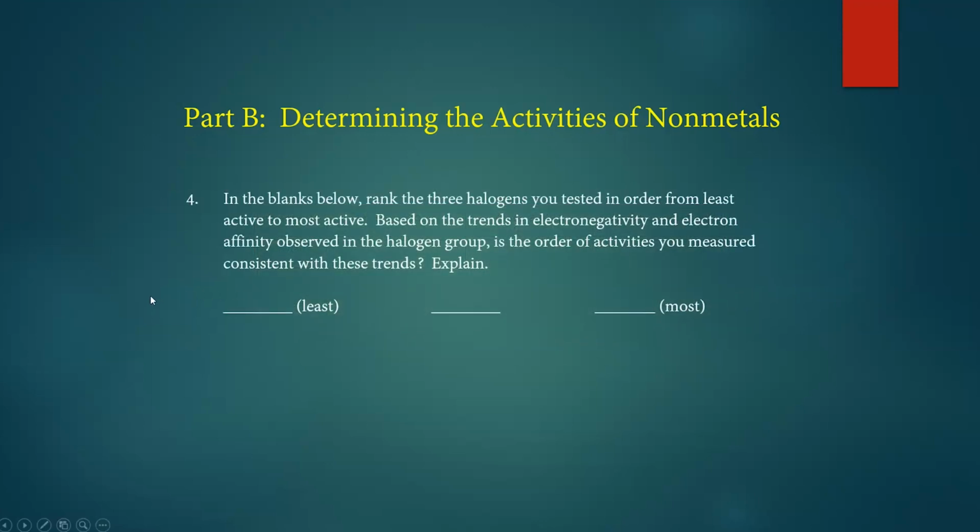Question number 4 in the lab simply asks you to rank the 3 elements, the chlorine, bromine, and iodine. And you'll do that just like you did in Part A. You'll look at the results of those reactions and see who was more active than whom in each case, and come up with an overall ranking from the least active of the 3 to the most.